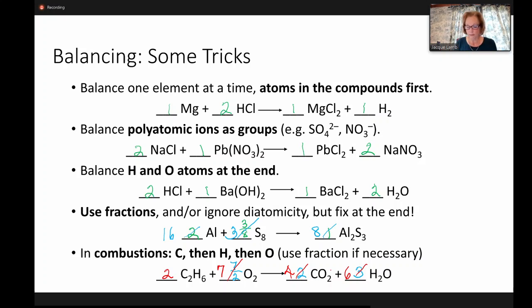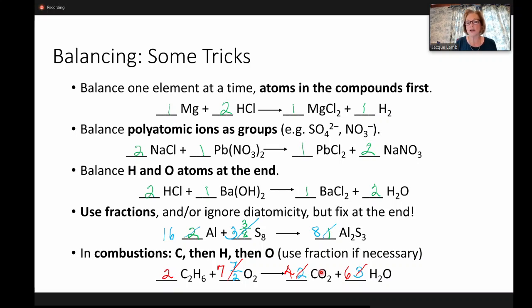Hey, Professor, for that reaction, can you explain again where you got 7/2? Because if you look at the product side, I have 2 times 2 or 4 oxygens contained in the carbon dioxides. I had 3 water molecules, each with 1 oxygen, so that would be 3. So 3 plus 4 is 7 oxygens.